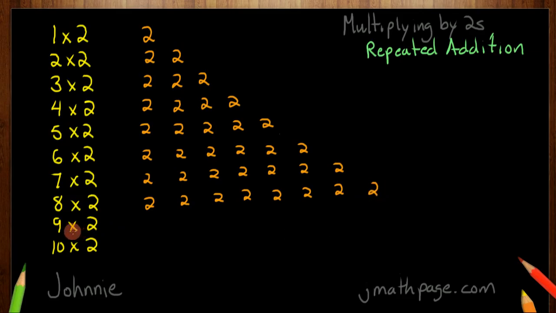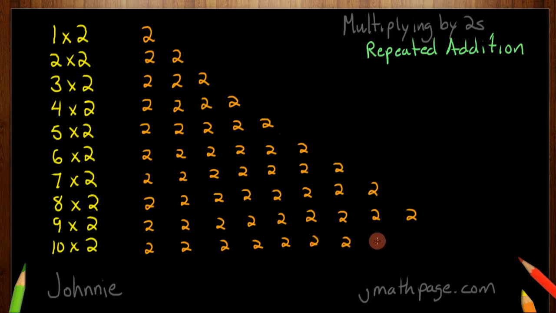This is getting to be a bit of work, huh? 9 times 2: 1, 2, 3, 4, 5, 6, 7, 8, and 9. And then 10 times 2. Well, 10 times 2 is 1, 2, 3, 4, 5, 6, 7, 8, 9, and 10. Oh, that was a lot of work.